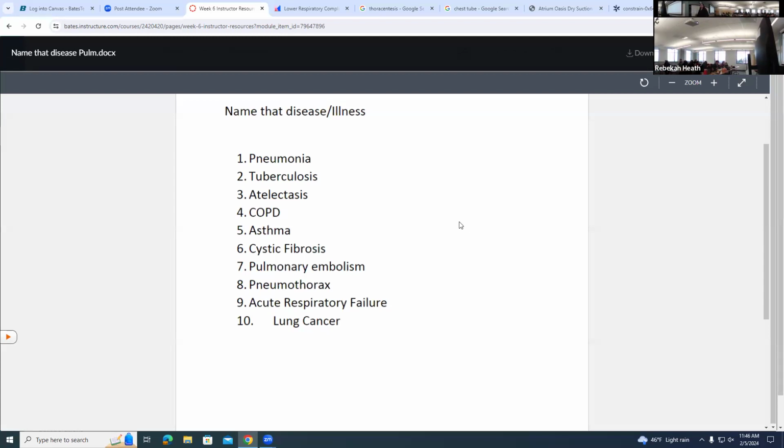So remember, just a very brief scenario. If you want to, you can include lab tests, signs and symptoms, history. So first, what's the brief scenario?